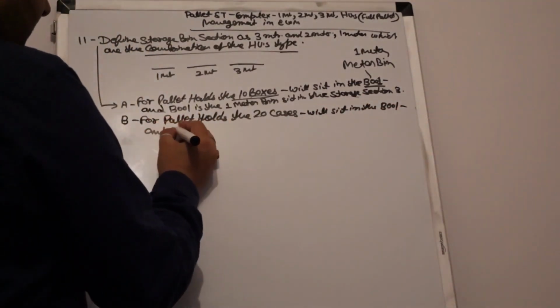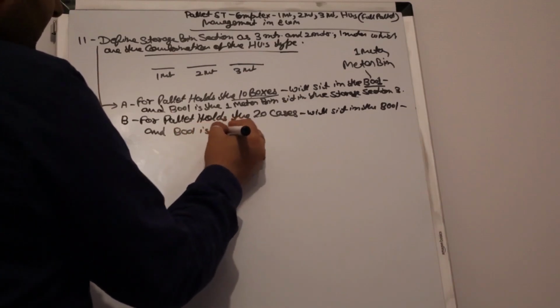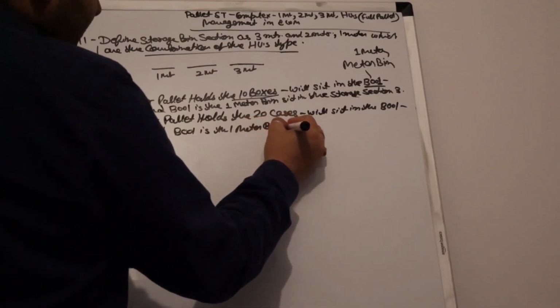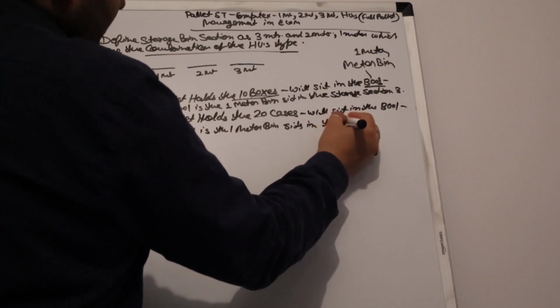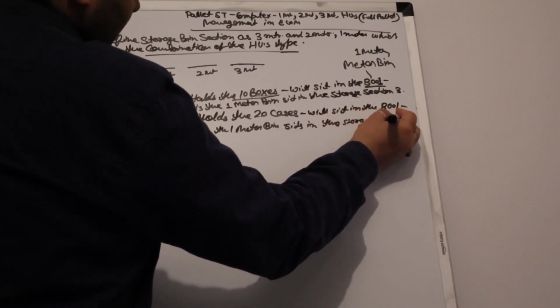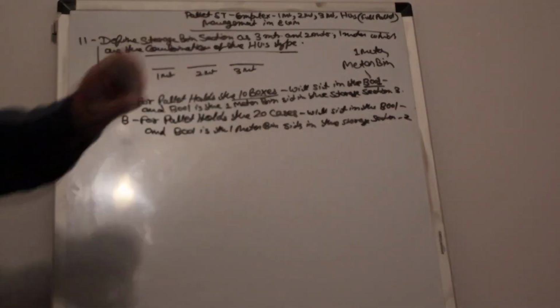And B001 is the 1 meter bin sits in the storage section 2, okay. So this I do the customize.